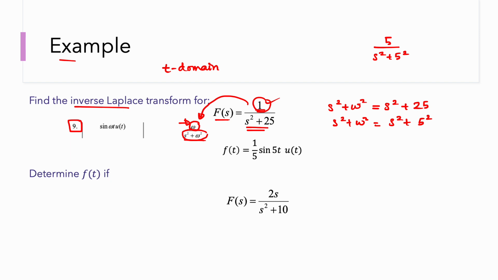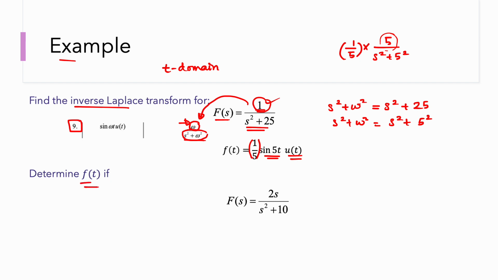So how do we eliminate this 5? We need to multiply by 1 over 5. Therefore, it's going to be 1 over 5 sine 5t u(t).